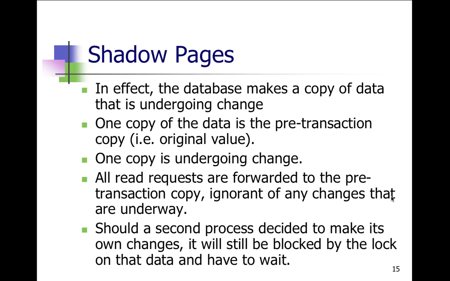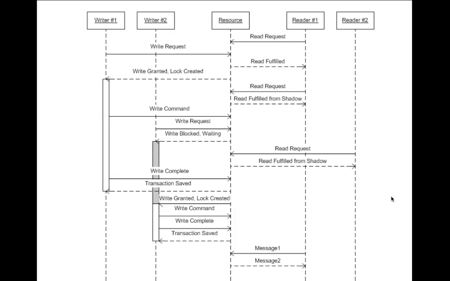And should a second process decide to make its change, it will be blocked by the lock on the data, and it will have to wait before it can actually make the change. Because it has a pre-transactional balance, it can't make the change. So you have to synchronize the writes, essentially, and allow things to happen in a serial fashion instead of a parallel or concurrent fashion. And here's kind of like the big picture of it all, if you can kind of see that.